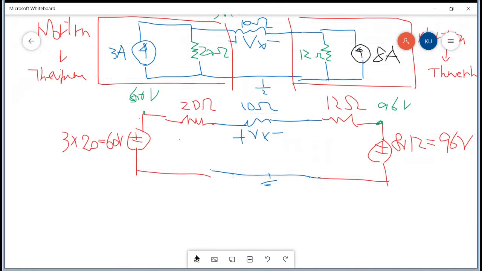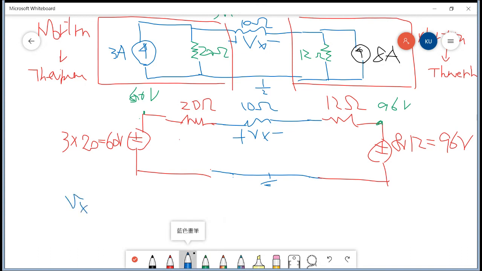Vx should be negative. So we can write that Vx should be 60 minus 96, because you can imagine this is a series resistor. So this voltage minus this voltage is the voltage difference across the equivalent resistance.